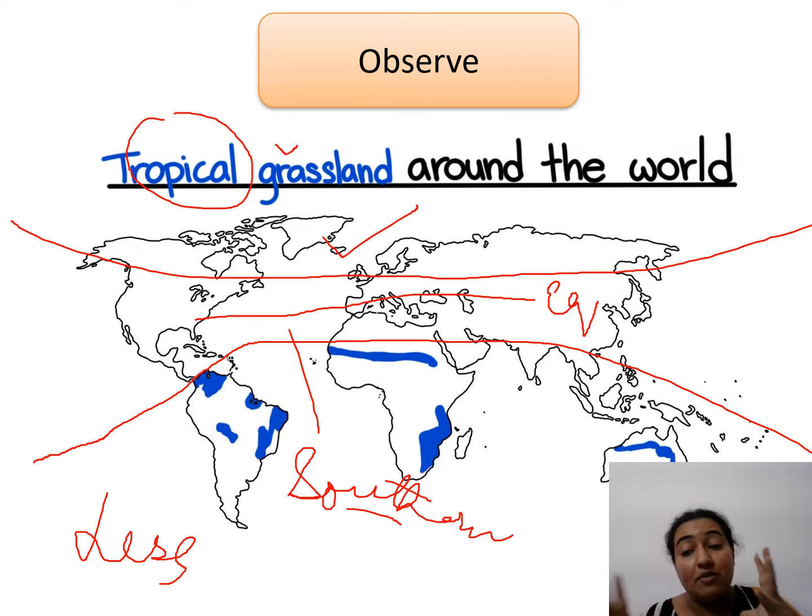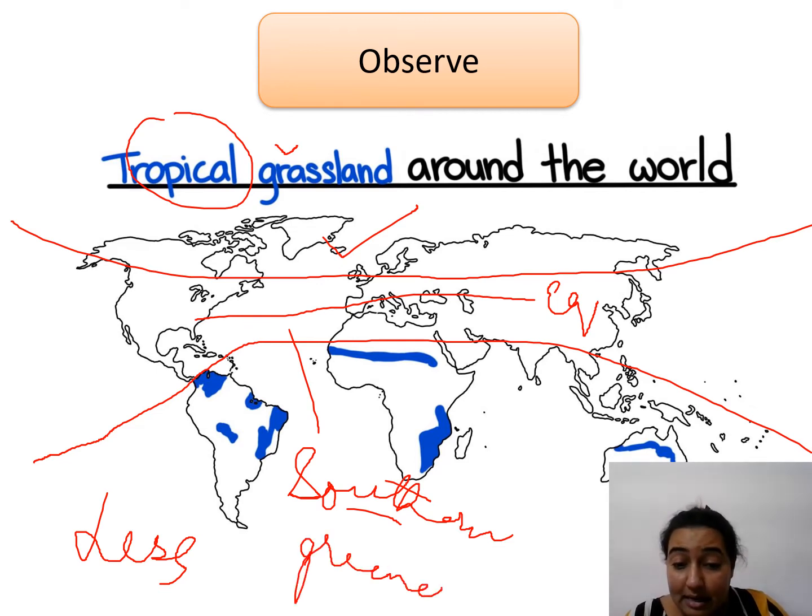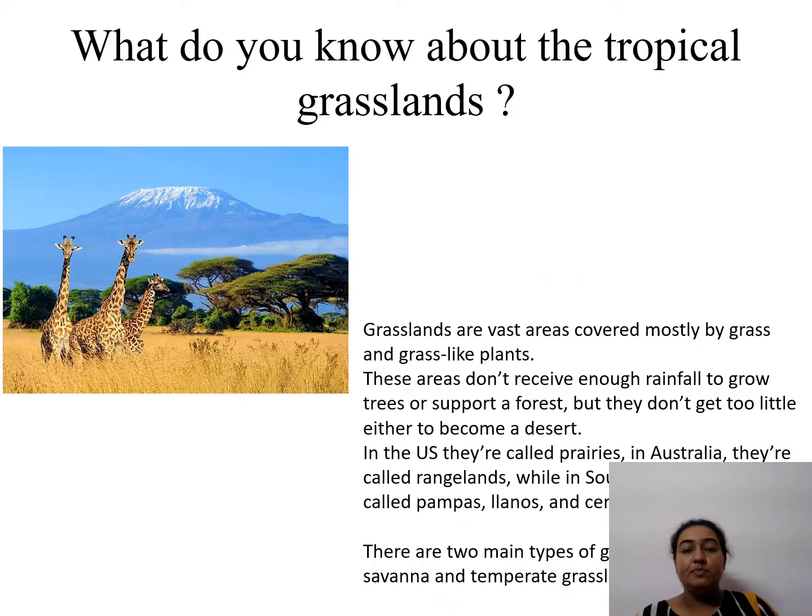So whenever we are speaking of grassland, immediately it should ring a bell that it will have heavy grasses, green grasses. Yes, greenery. So these are the features of tropical grassland as compared and contrasted to tropical forest and coniferous forest.